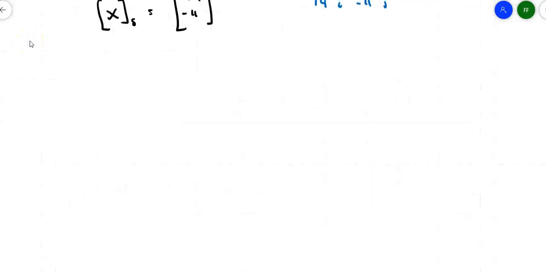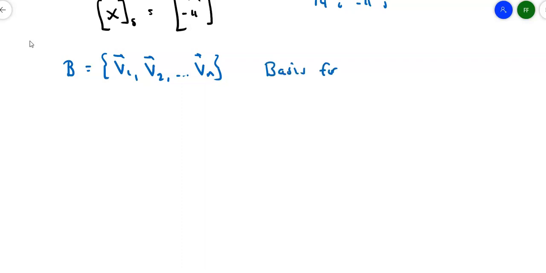In more general terms, I've got this basis B, which is some basis with a bunch of vectors, v1, v2, all the way to vn. Specifically, that basis is a non-standard basis. It's an ordered basis, but it's not necessarily a standard basis. It's a basis for some vector space V. I'm going to let X be contained in that vector space, so that I can write X as C1 V1 plus C2 V2, all the way till I get to Cn Vn.